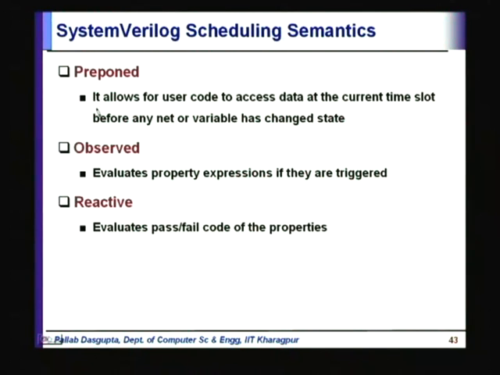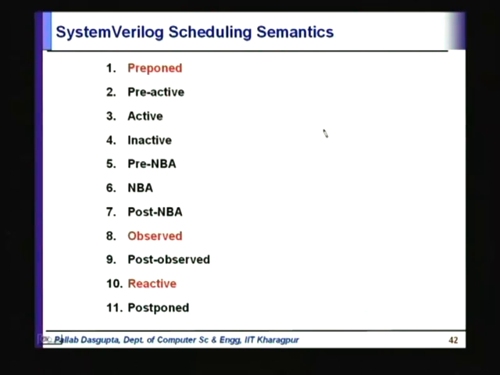Preponed is where it allows user code to access data at the current time slot before any net or variable has changed state. Now, what does this mean? Remember that any simulator is going to support certain callbacks. What are those callbacks? There are specific steps in the simulation cycle where you can insert a callback.